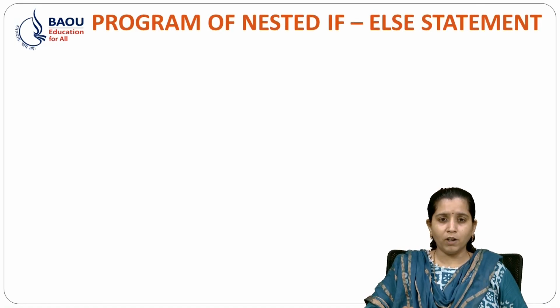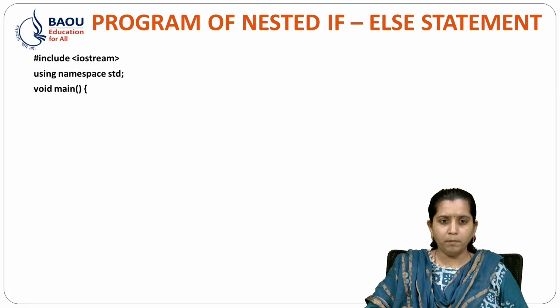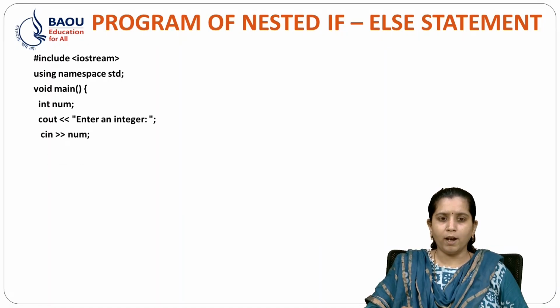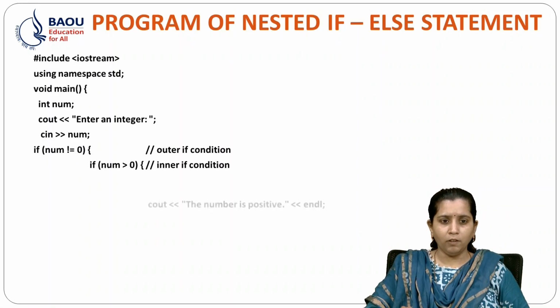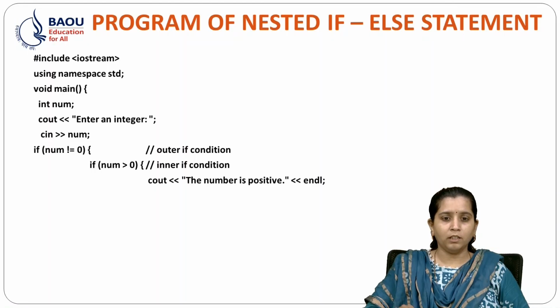Now let's see one program of the nested if else statement. First of all, we will include iostream. After that, in void main, we will write int number, that is, initialize one number and ask our user to enter an integer. After that we check the number: this is the outer if condition.